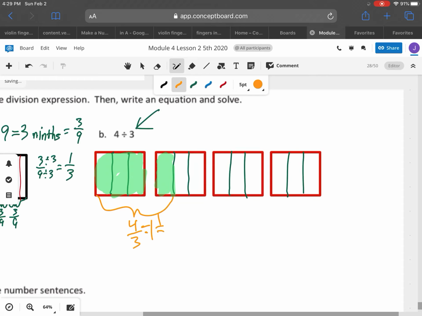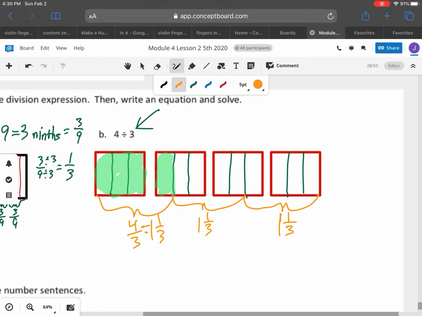So this is equal to 1 and 1/3. So then we have another 1 and 1/3. And then we have another 1 and 1/3. This last one is easier to see. The middle one's kind of hard to see, but 3 of them make up a whole, and then the 4th one makes up the 1/3.